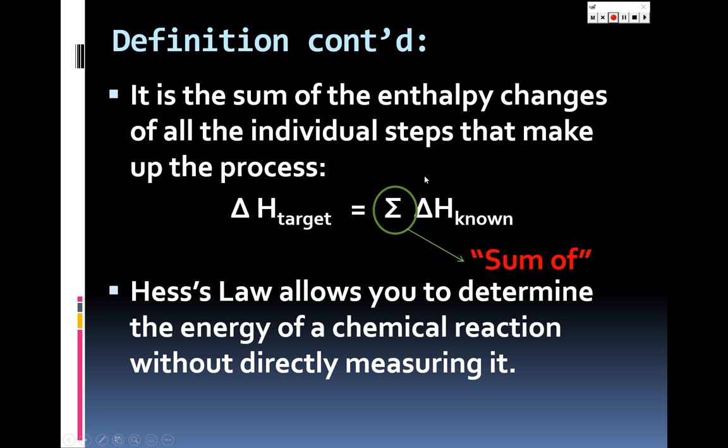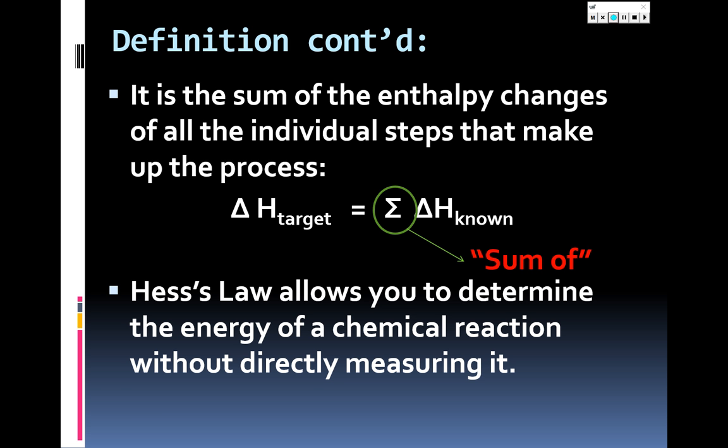So if you haven't dealt too much with sequences, that Greek symbol is sigma. It means sum of. So the very technical definition of this is, like I said, we call it the target. What's the enthalpy change for our target reaction based on adding together different enthalpies of known reactions?